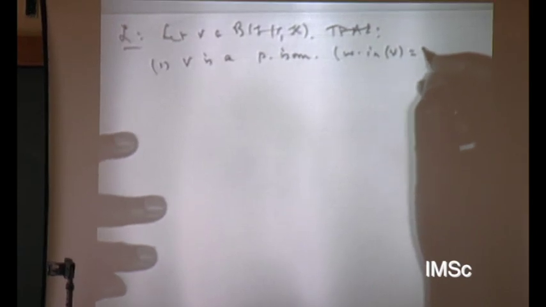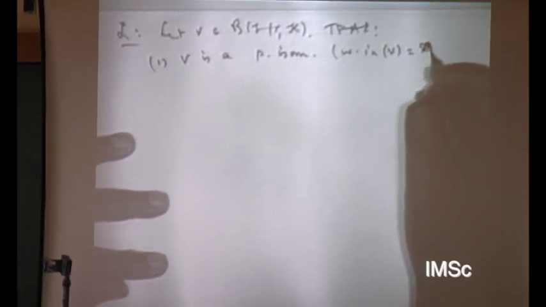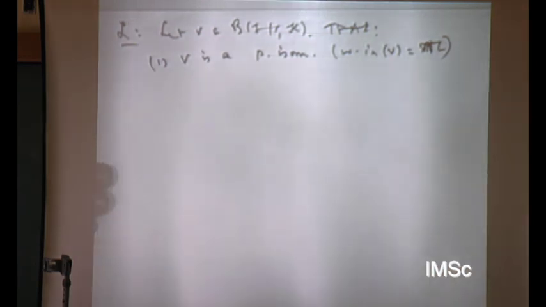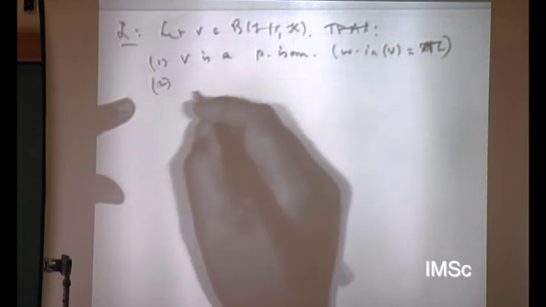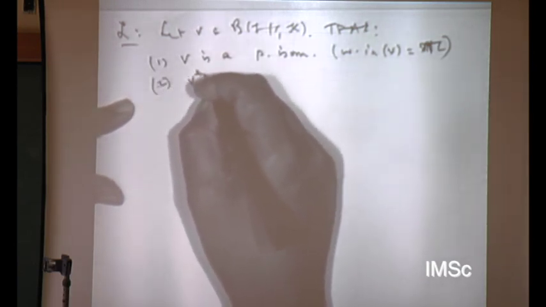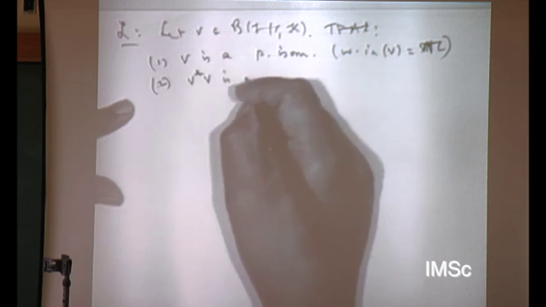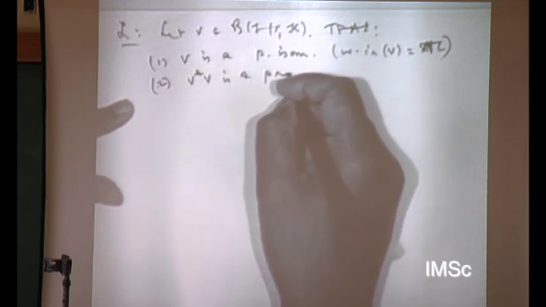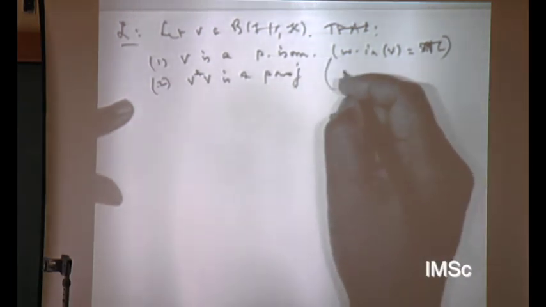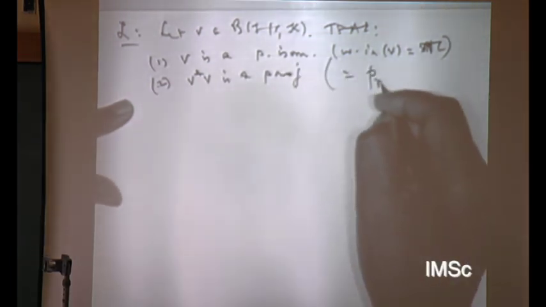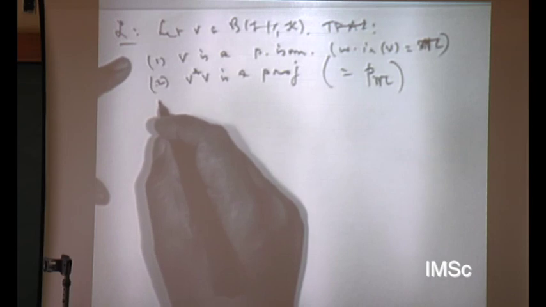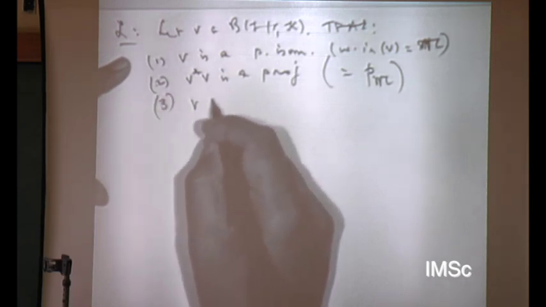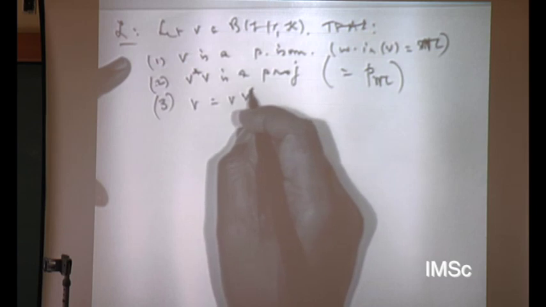There shouldn't be any confusion. Second, V star V is the projection, actually equal to the projection onto M. Third, V equals V V star V.